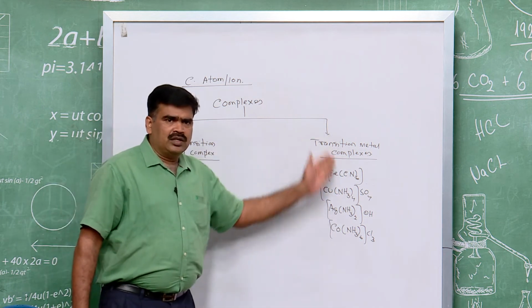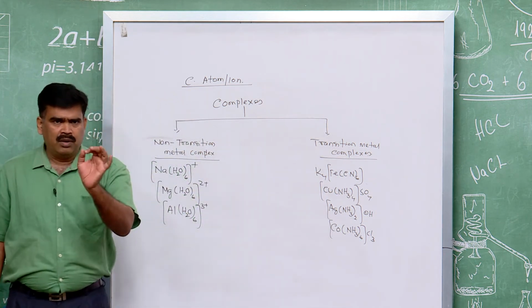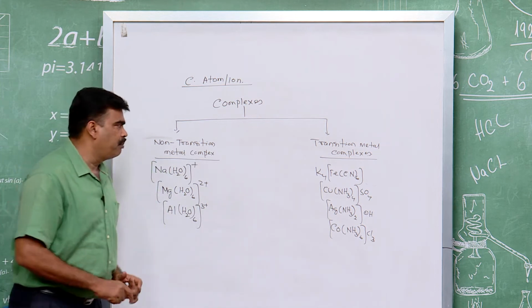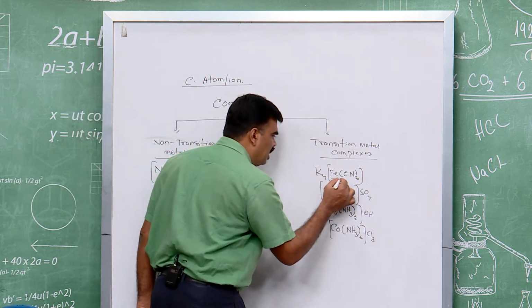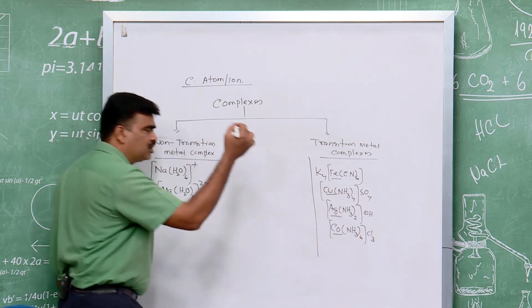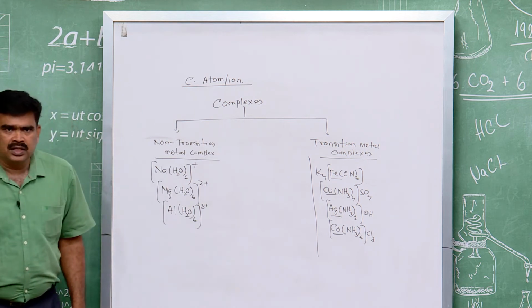Why the transition metals, or why the metals? What character do they have? You see, there are three important properties, three important characteristics by which these metals, mostly transition metals, form complexes.